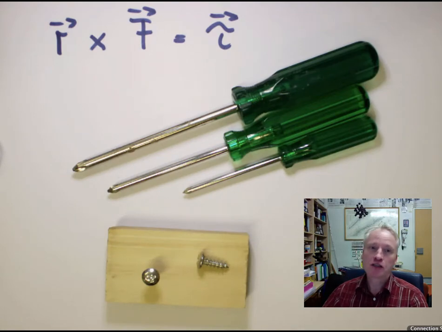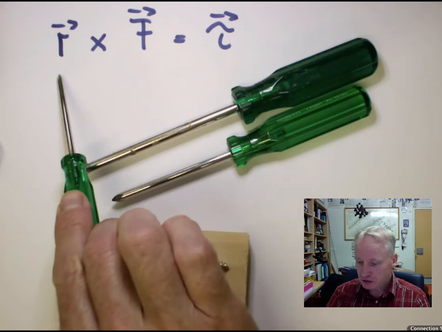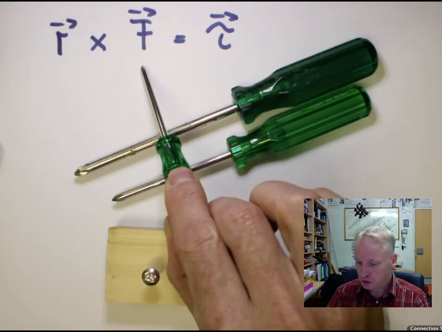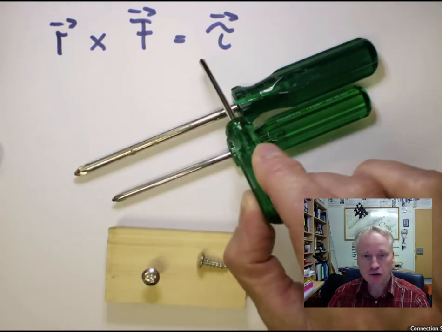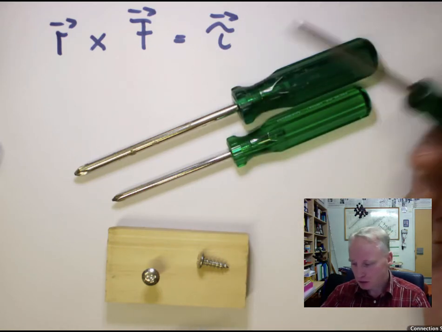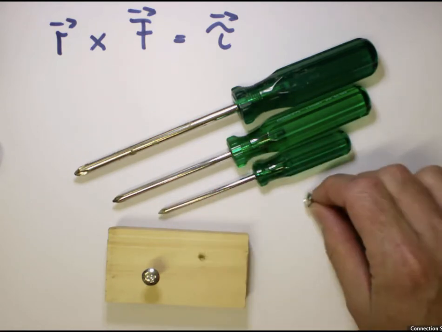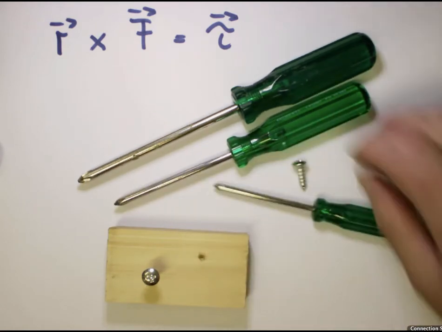We have just defined torque mathematically as radial distance cross product with the force that is applied, giving us a rotational torque tau. But what does that mean conceptually? Well, I've brought 3 screwdrivers here, and torque is all about putting this screw into timber.